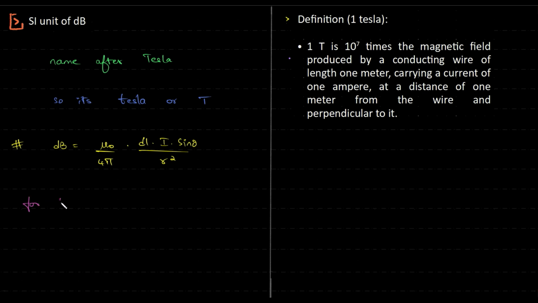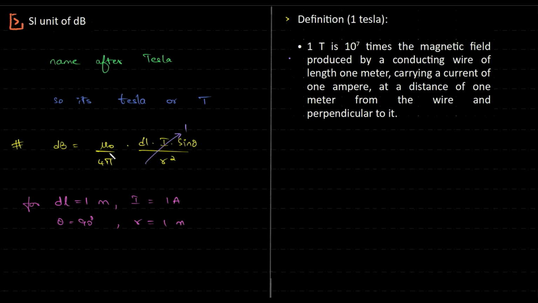So dl is equal to 1 meter, I is equal to 1 ampere, theta is equal to 90 degrees, and the distance is 1 meter. What happens? All of this will become 1, right?